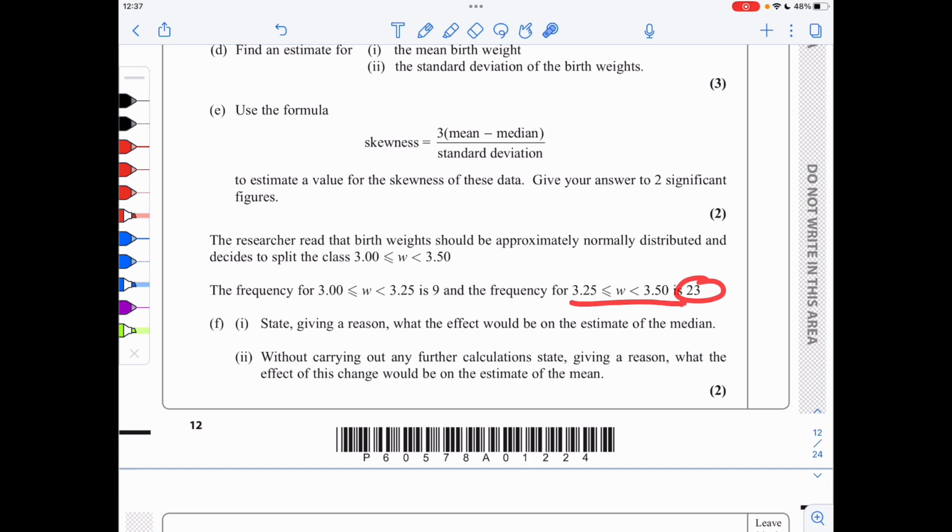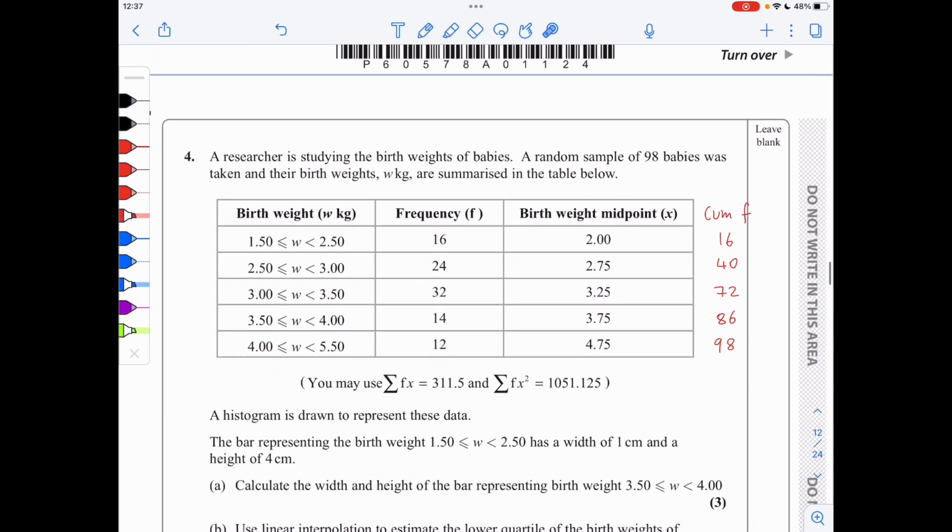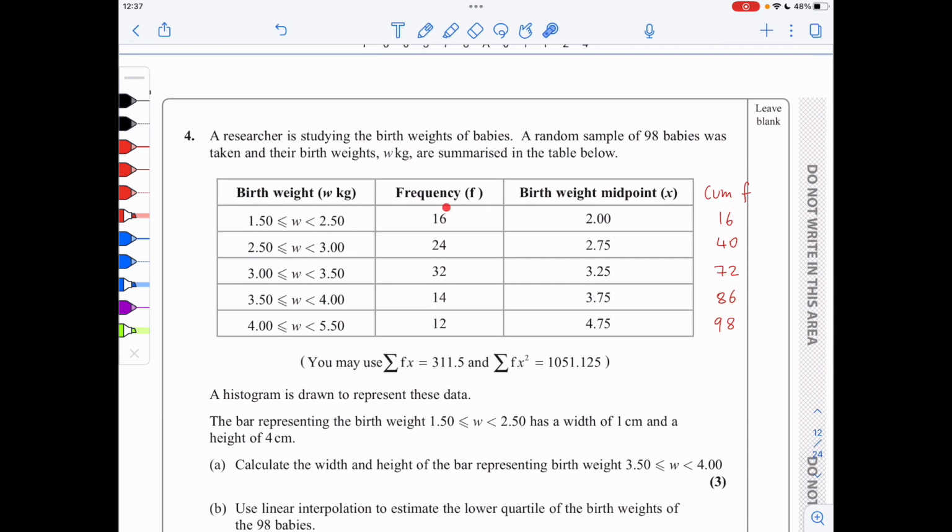So we can see that the 49th value, which is exactly the middle value, will be the last observation here, because if we go back to the table, we had 16 people in the first class plus 24 is 40, and then the 3 to 3.25 class has 9 persons, so it's a total of 49 up to here, which is exactly halfway through, because we knew the total is 98 babies.